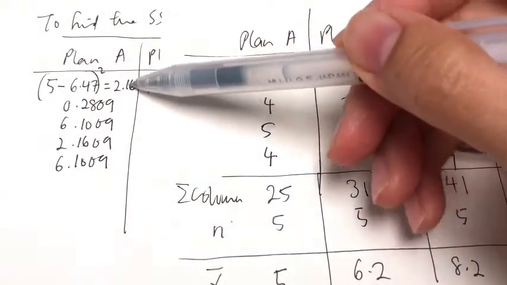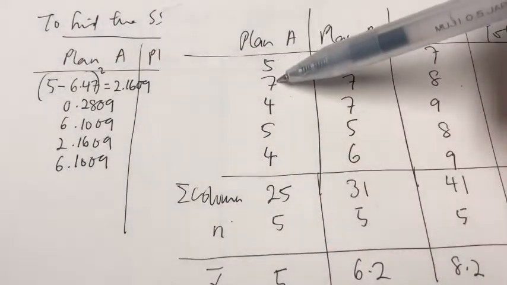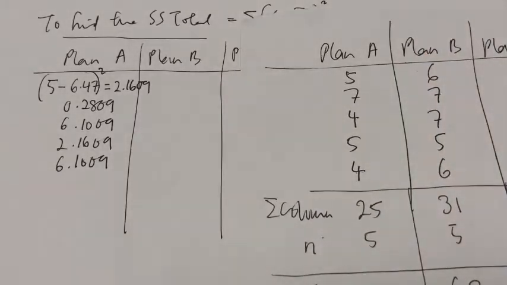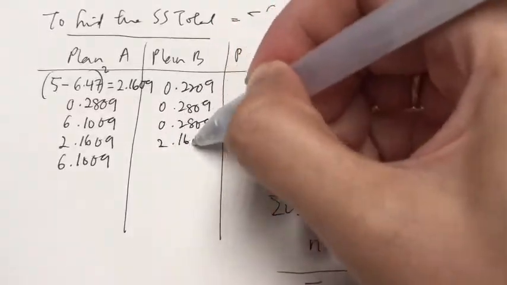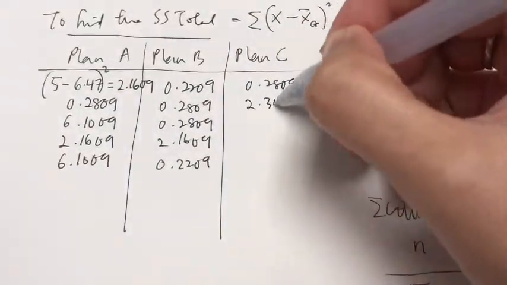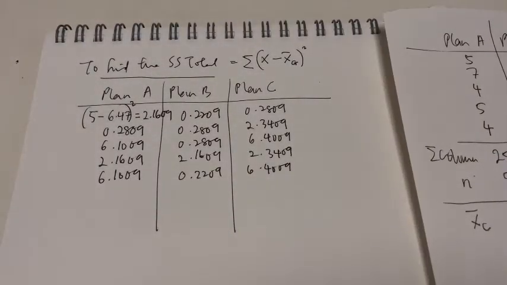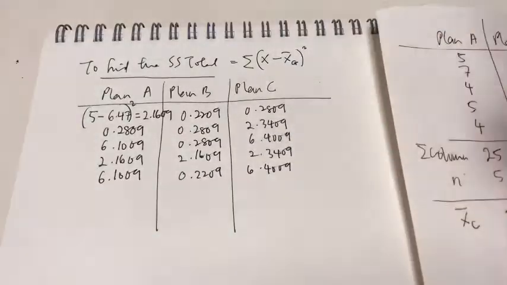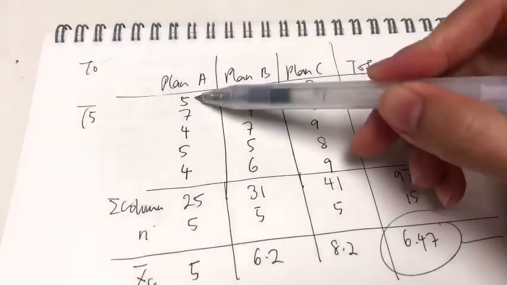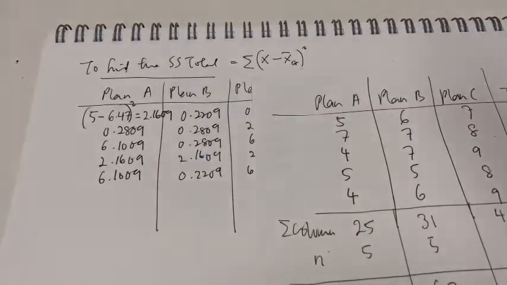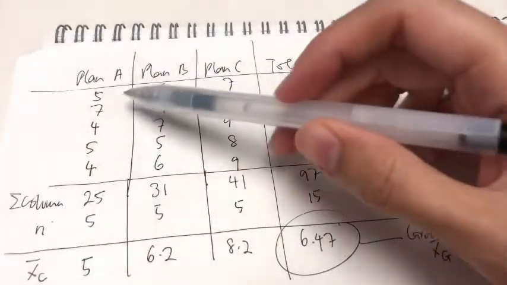Once you've found the squares of all of the differences for these values, we can proceed with Plan B and Plan C. Again, just in case you're quite lost in how we get all of these figures: we take each and every one of these values, minus the grand mean, which is 6.47, and then we square it.